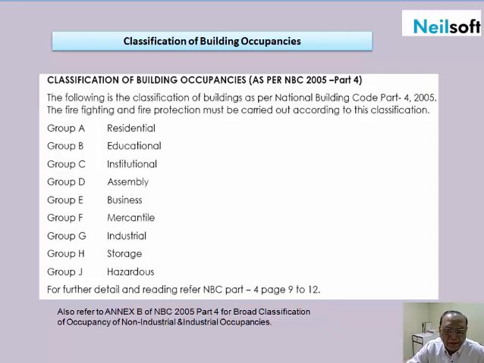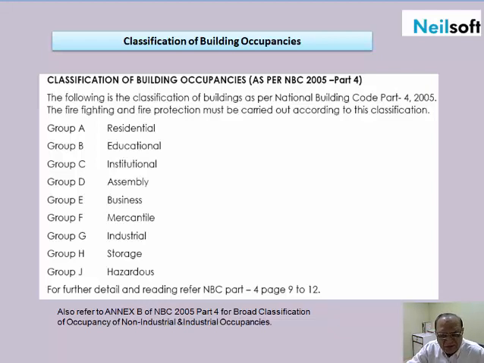Group A is residential, Group B educational, Group C institutional, Group D assembly, Group E business, Group F mercantile, Group G industrial, Group H is the storage, and Group J is the hazardous.